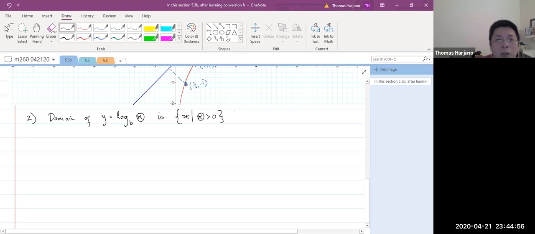Okay, now keep that in mind. So, for example, let y equals log base b of, let's say, (3x - 2) over (4x + 5). Now find the domain.